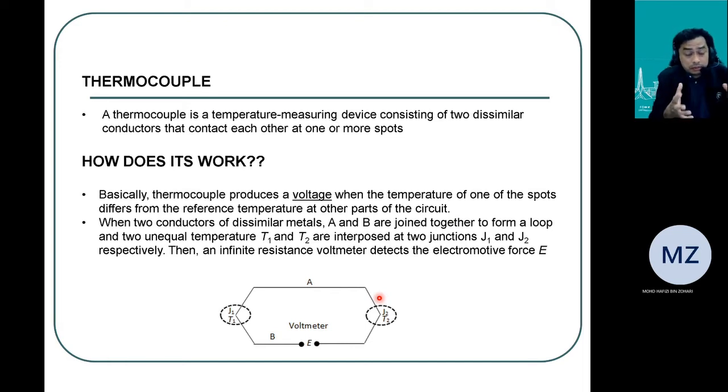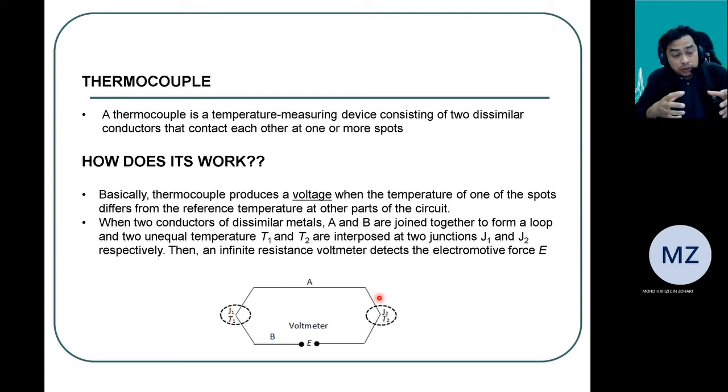It's not actually a force, but it creates a potential difference between the two sides of the circuit, so if there is a current or electrons, they will flow inside the circuit because of this electromotive force, EMF.